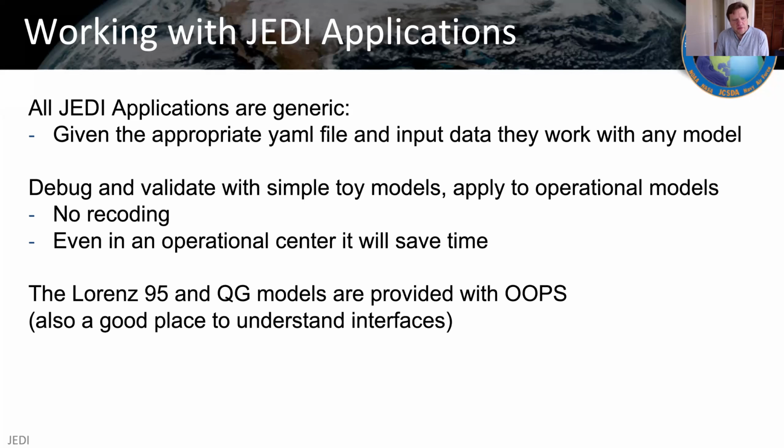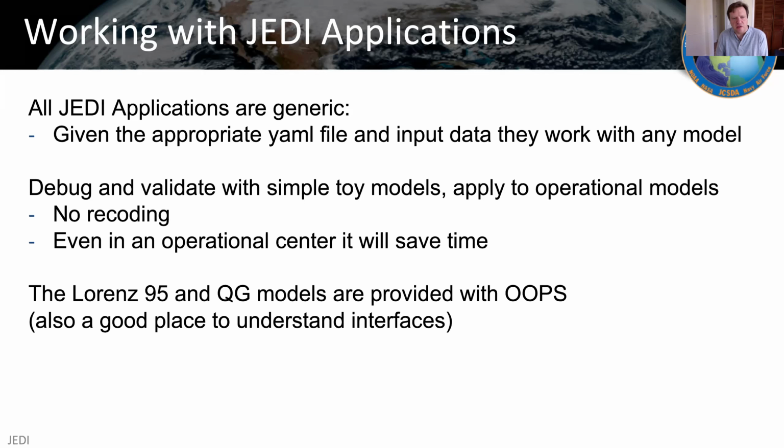I know there is this thinking in operational centers that you should not work with toy models because it's a waste of time. In this case, it's not, because you're coding something and testing it with your toy model, but you don't need to recode anything. You just change your template, as we've shown, your trait, and it will run with a real model. So you can save a lot of time on your debugging by working with these toy models, and it also helps you to understand the algorithm.